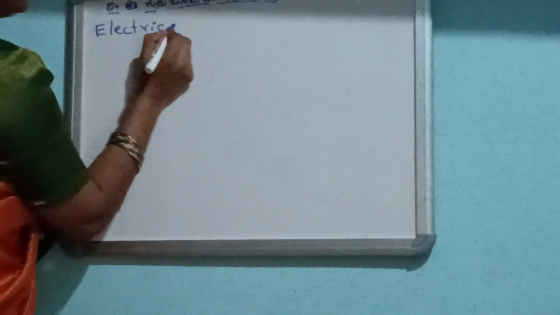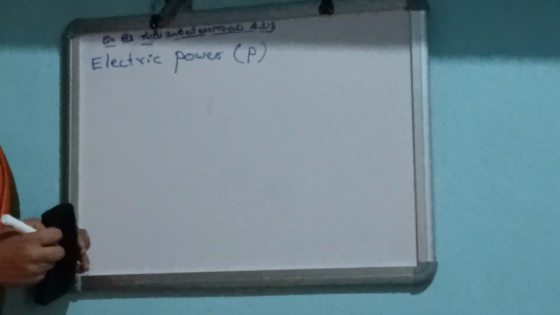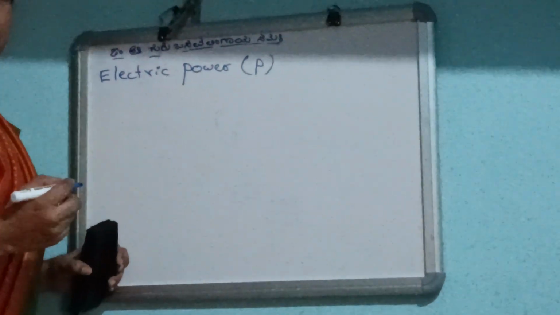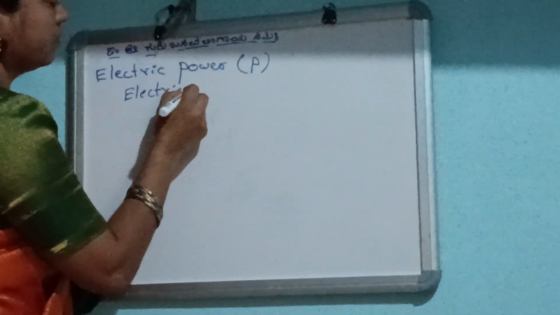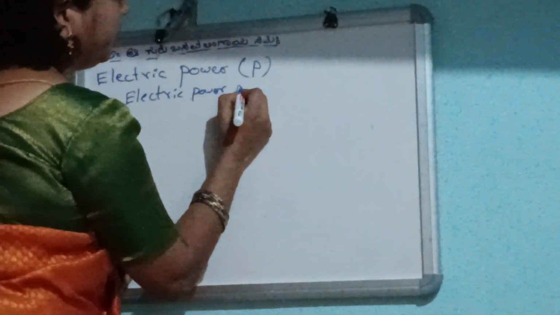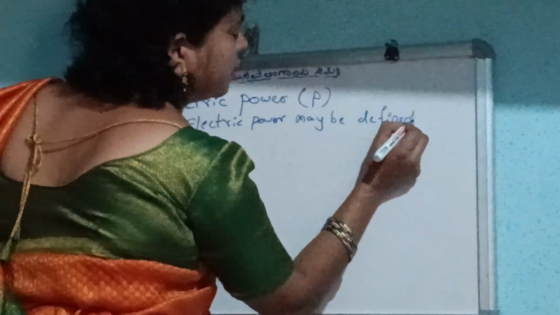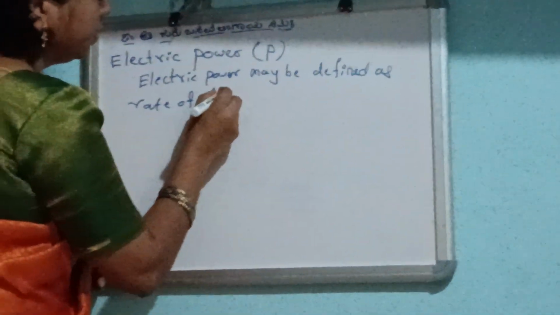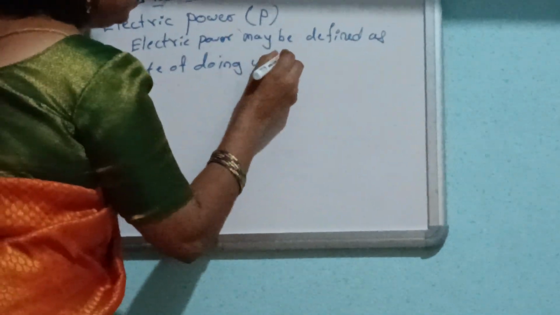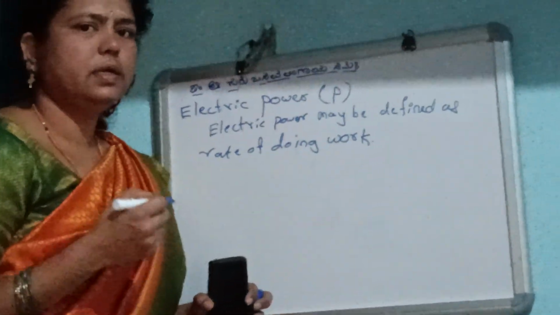Okay, electric power, that is represented by the letter P. Electric power can be defined as the rate of doing work, or rate of consumption of power, or rate of dissipated power.